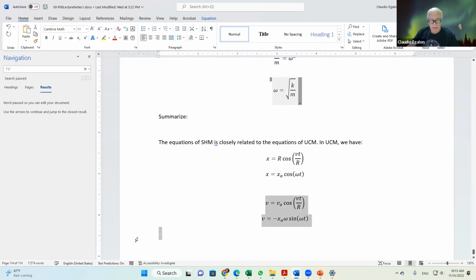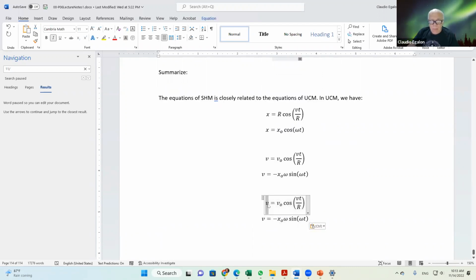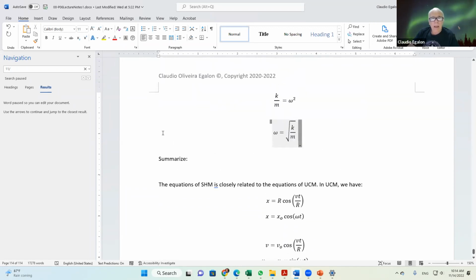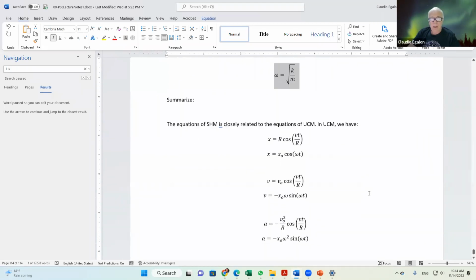And finally, for acceleration, we are going to have v naught square over r cosine, with a negative sign here. And omega is equal to the square root of k over m.